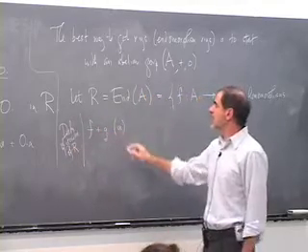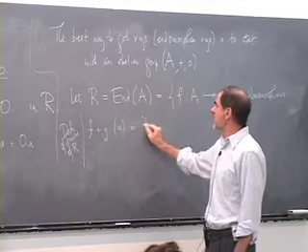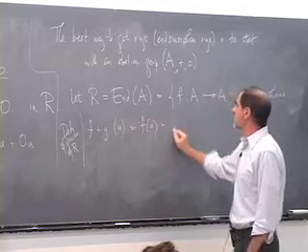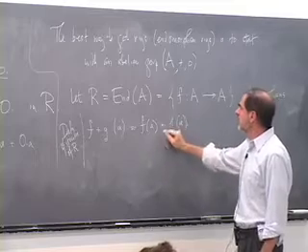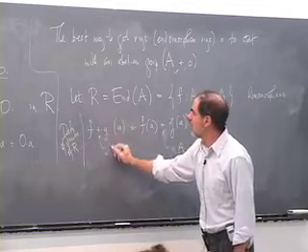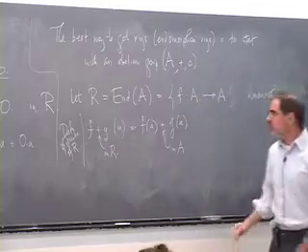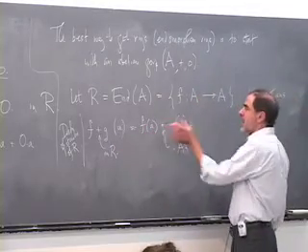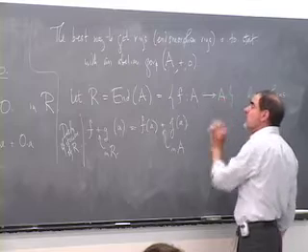F plus G is the homomorphism that takes A to F of A plus G of A. This is addition in A, and this is addition in R. So you apply F to A and you add it in the abelian group to G of A.